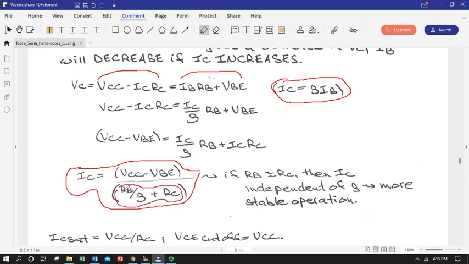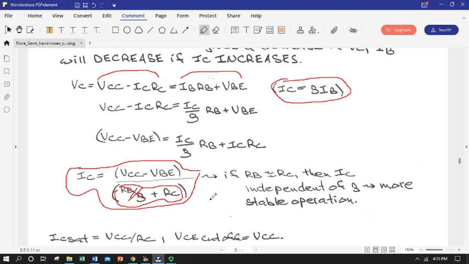So unless my base resistor is very, very large compared to my collector resistor, beta is not going to matter because it's large, and this expression will effectively might as well be 0 compared to this expression. So we are independent of beta.